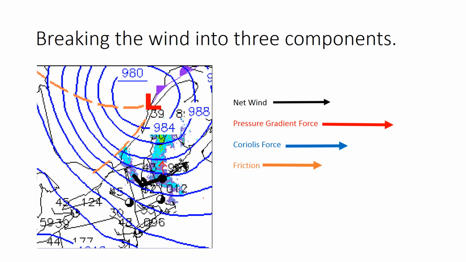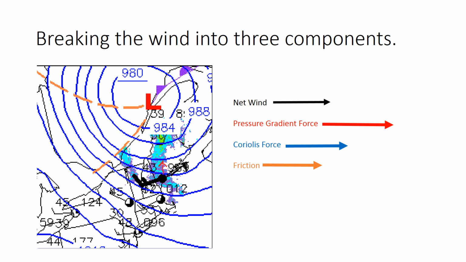That indicates what direction the pressure gradient force is pulling the wind towards. The next force you're going to draw is the Coriolis force. And that I will do in blue. And the Coriolis force will be 90 degrees to the right of the wind's path.